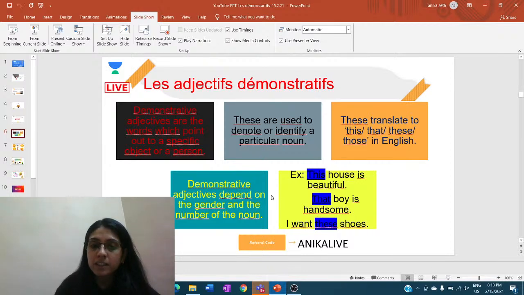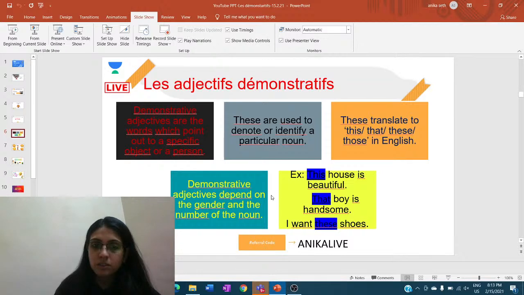So this, that, these, those are all words used to show, point out, or identify a noun. Now, these demonstrative adjectives depend on the gender and number of the noun.